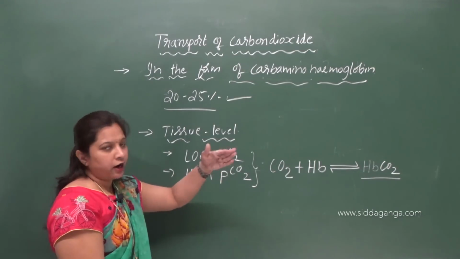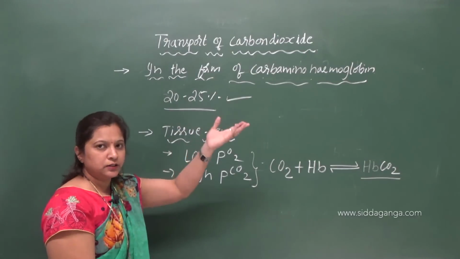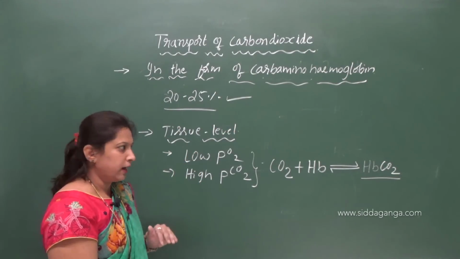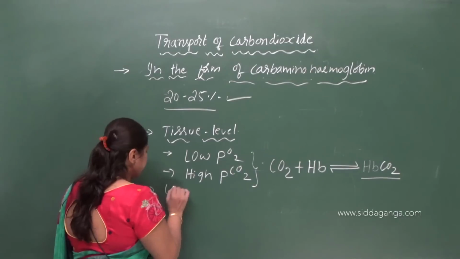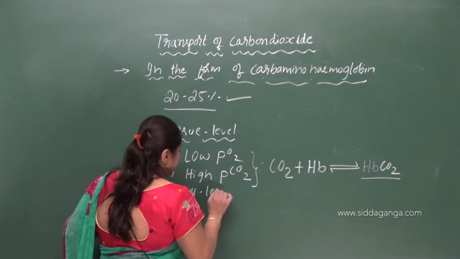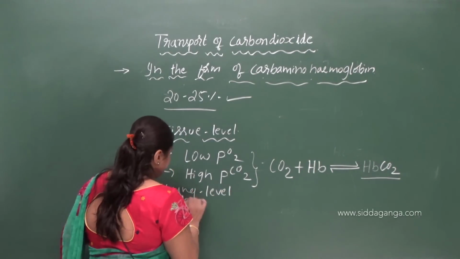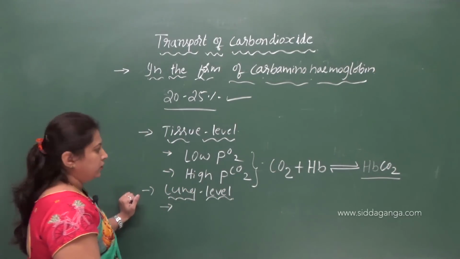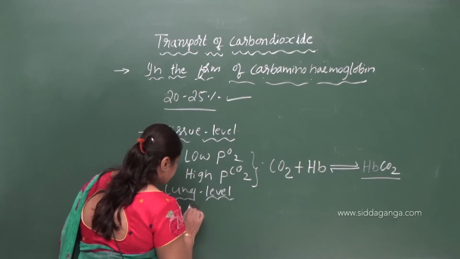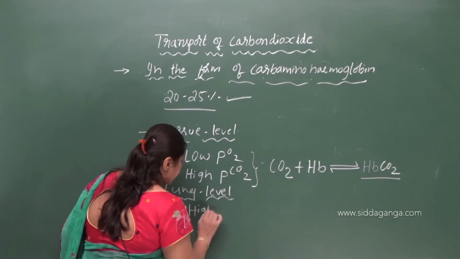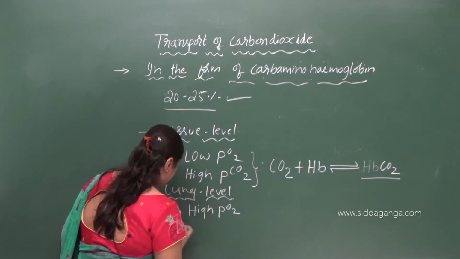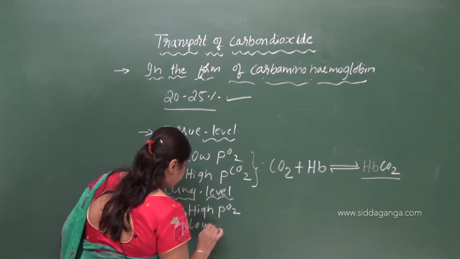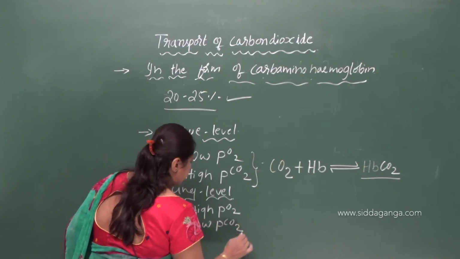So when this deoxygenated blood reaches the alveoli of the lungs, that is, at the lung level, is the partial pressure of oxygen low or high? In the alveoli of the lungs, the partial pressure of oxygen is high and the partial pressure of carbon dioxide is low.